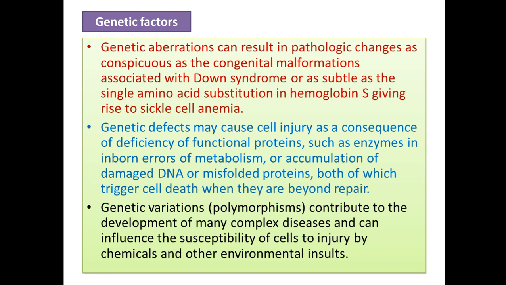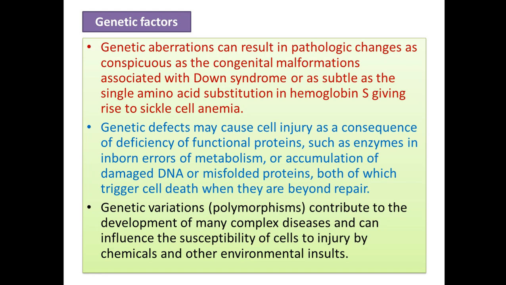There are certain diseases which are very minor or subtle, not like Down syndrome or Klinefelter syndrome or other serious diseases. For example, in sickle cell anemia, a single amino acid, glutamic acid, is replaced by another amino acid, valine, in the beta chain of the hemoglobin.